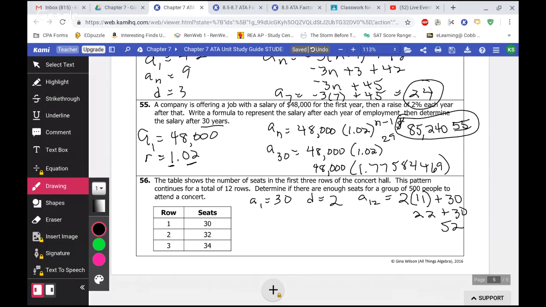Okay. So now I'm going to take the sum of the total number of rows, which is 12. And I'm going to take the seats in the first row plus the seats in the last row, divide that by 2.